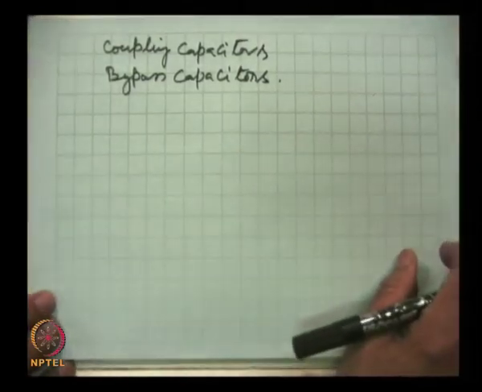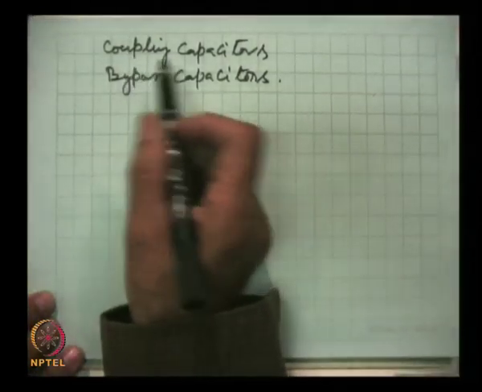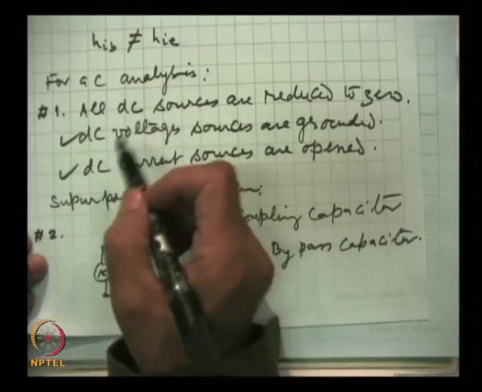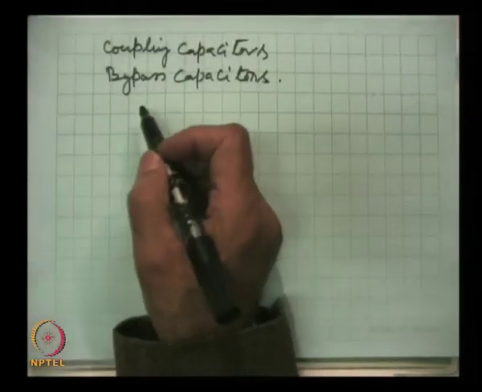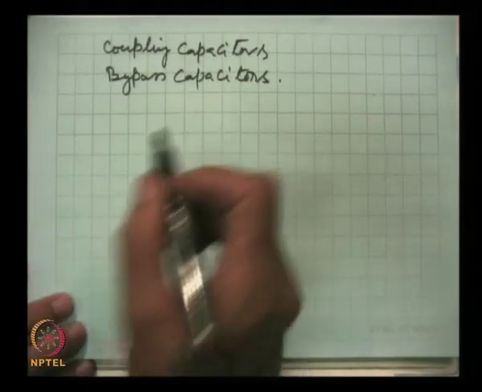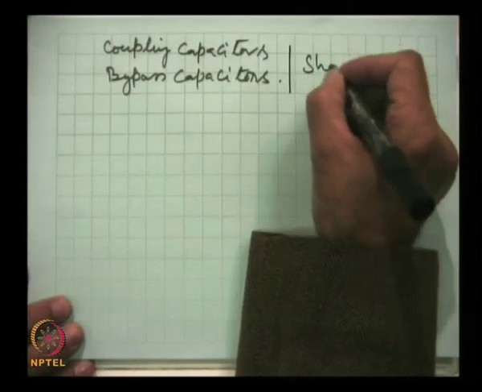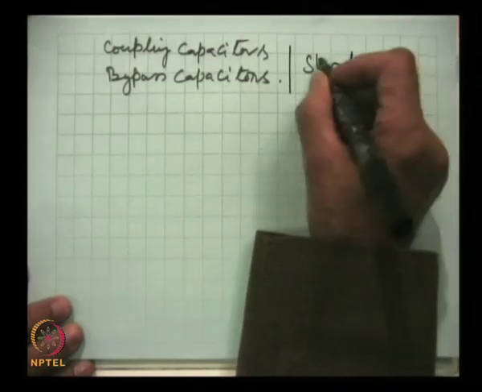So, AC analysis needs, and this is the requirement, as the first requirement was that the DC sources have to be reduced to 0. Similarly, these capacitors are all taken as shorted capacitors; these are shorted for AC analysis.